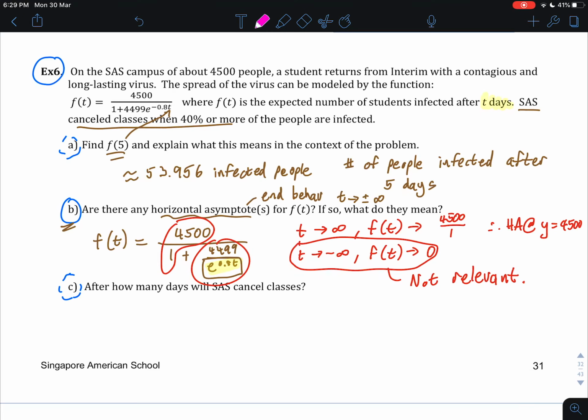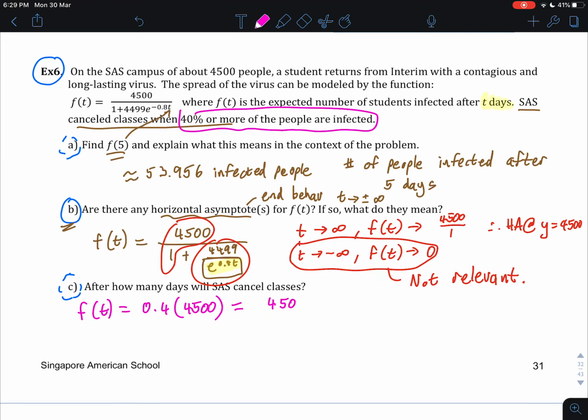And so that's where we're going to use this information over here, that the school will cancel classes when 40% or more of people are infected. And so what we're looking for is where the value of the function f of t is equal to 0.4 multiplied by 4500. That is when 40% of the SAS campus is infected.